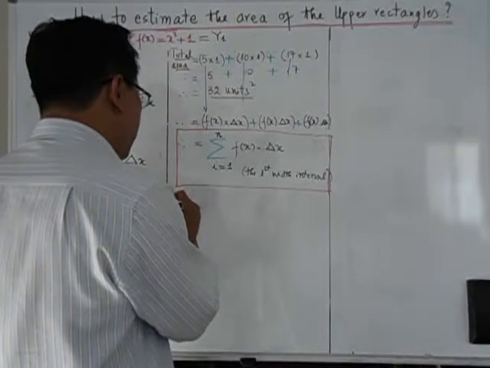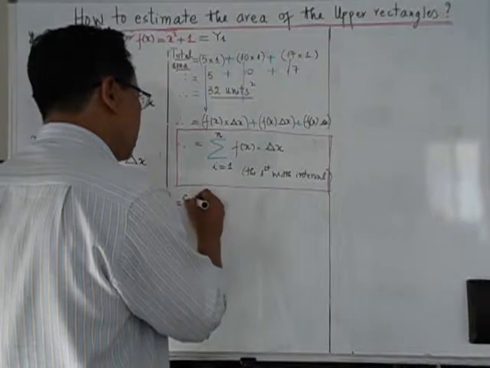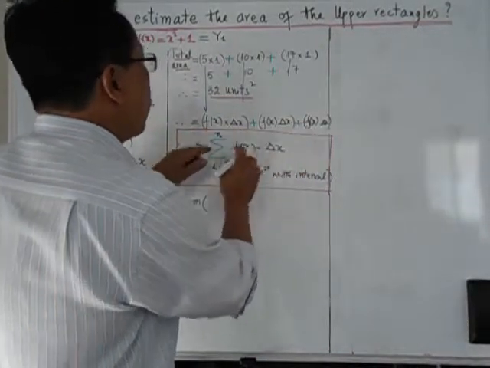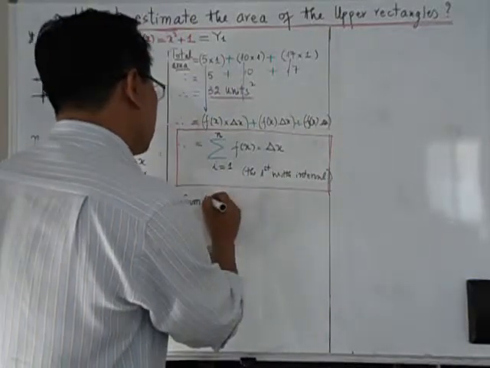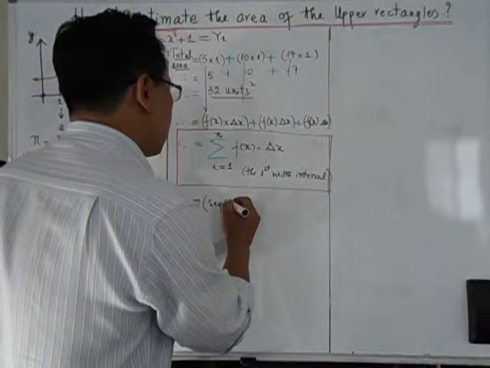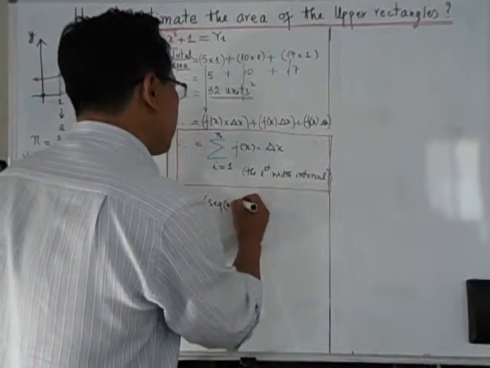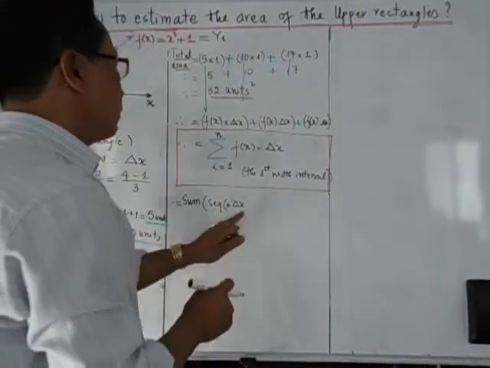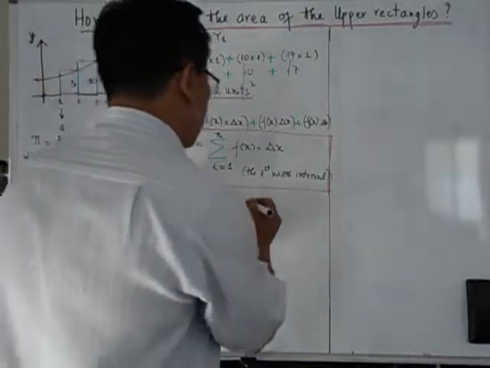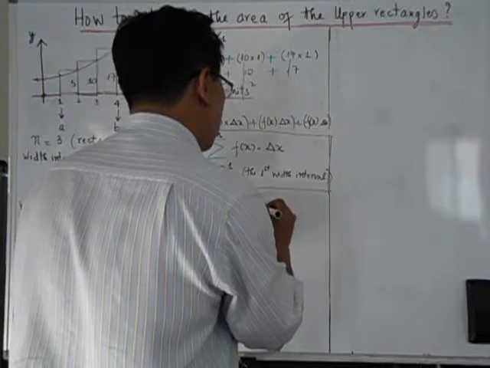The total area equals the summation of the secant, then times delta x, which is 1 unit here, then times the main function.